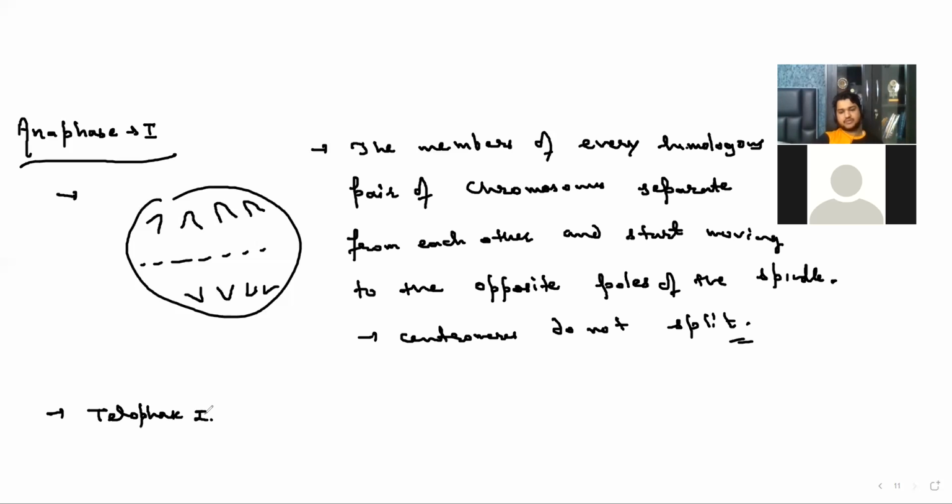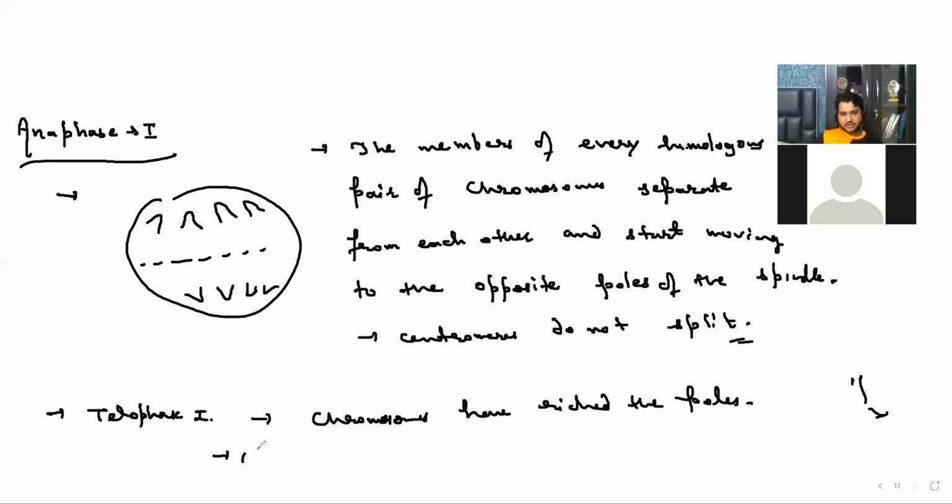Now if I talk about telophase one, the chromosomes have reached the poles, and the nuclear membrane forms around the chromosomes towards each pole.